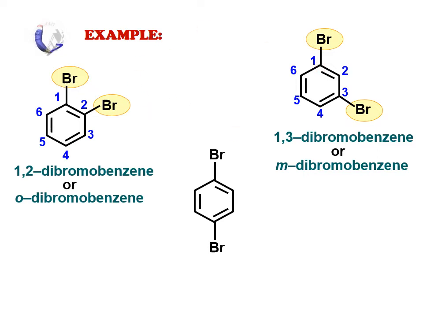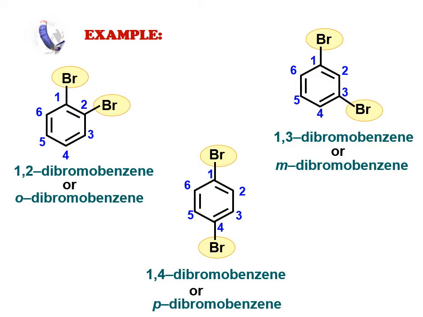When it is attached to carbon 1 and 4, it can be known as 1,4-dibromobenzene or p-dibromobenzene.